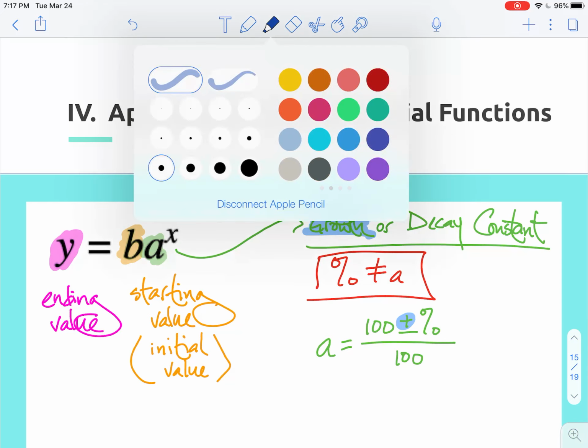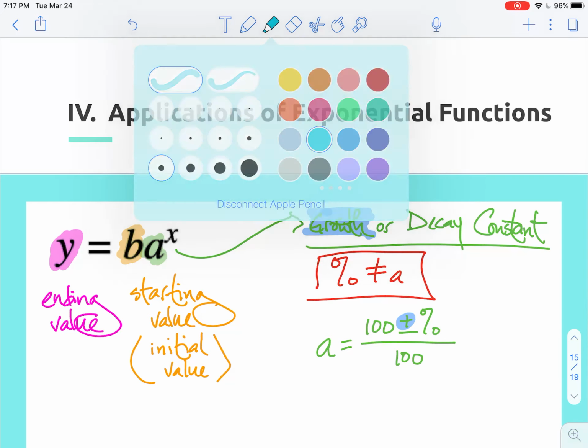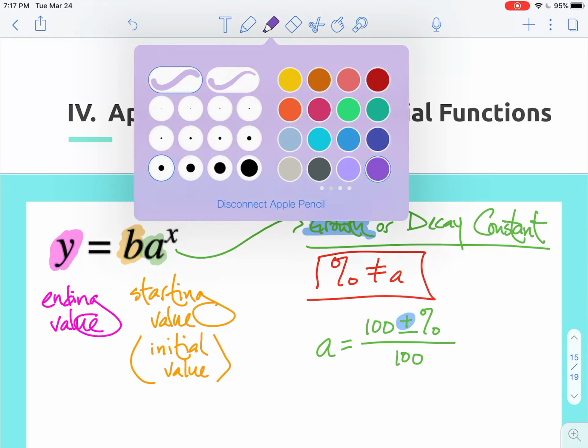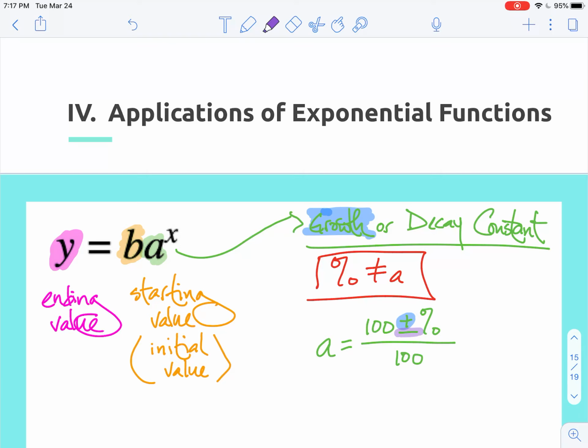The minus sign, this minus sign down here, that's what you're going to do if it's a decay situation. That percent at the end will help you determine what's left, and then the 100 on the bottom turns it into a decimal for you. So you don't need to turn anything into a decimal. This dividing by 100 will turn it into a decimal.